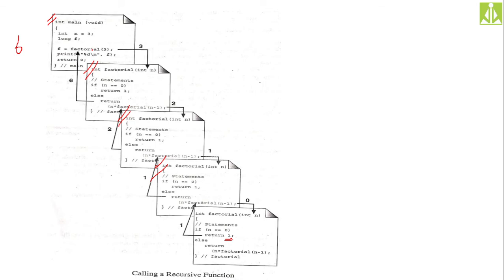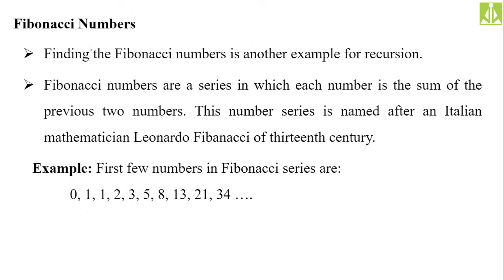So then we have the Fibonacci number. Finding the Fibonacci number is another example for recursion. Okay, recursive approach. So what is the Fibonacci sequence? In the sense, the first two numbers in your Fibonacci sequence will be 0 and 1. So understand this Fibonacci series. The first two numbers in your Fibonacci series will be 0 and 1.